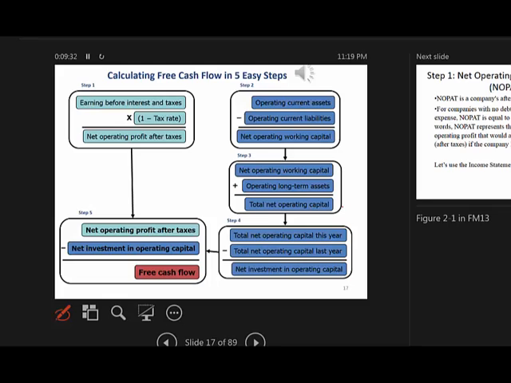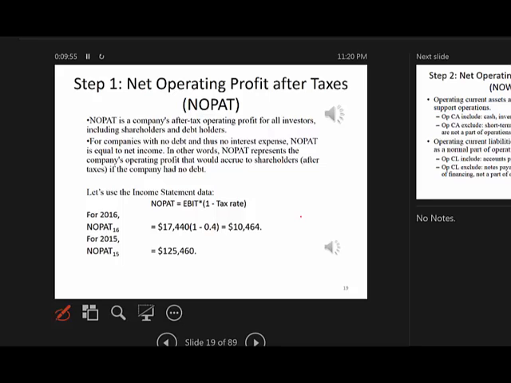This is a flowchart to explain how to estimate the free cash flows in 5 easy steps. So you see step 1, 2, 3, 4, and 5 here. In the next few slides, we'll explain these steps one by one. In step 1, we calculate the net operating profit after tax. This is also called the NOPAT.